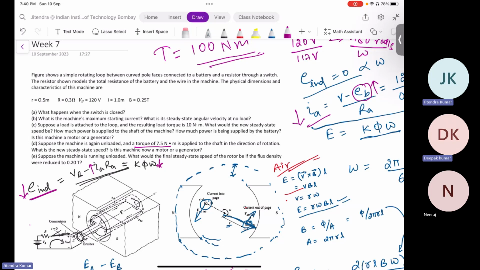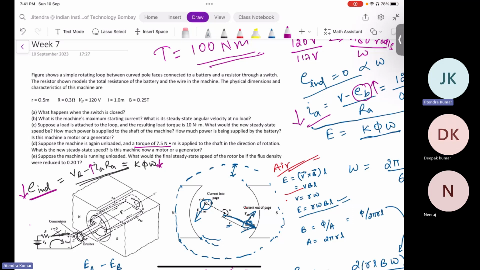Yes. So in such cases, you are applying torque to the rotor with current of 30 amps. So it may exceed the battery voltage or supply voltage, and it may enter into the generative mode.